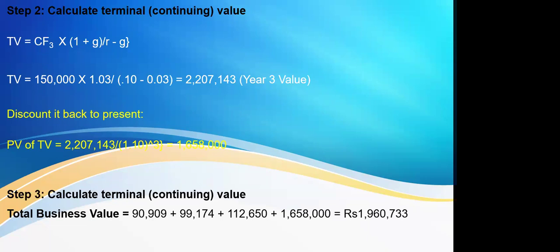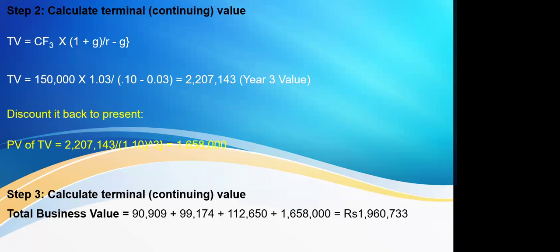So you arrive at 0.07. If you multiply 150,000 by 1.03 divided by 0.07, you will get 2.2 million, the year 3 value. This is the value you are getting in year 3 if you are getting 150,000 forever.